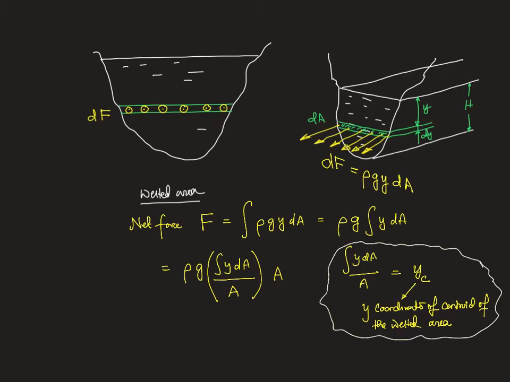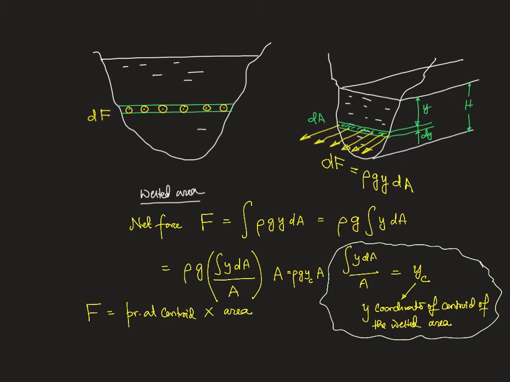So this is the general proof for this situation. So let's write this. This is rho g yc times A. So rho g yc is the pressure at the centroid multiplied by A. A is the area, that means the wetted area.